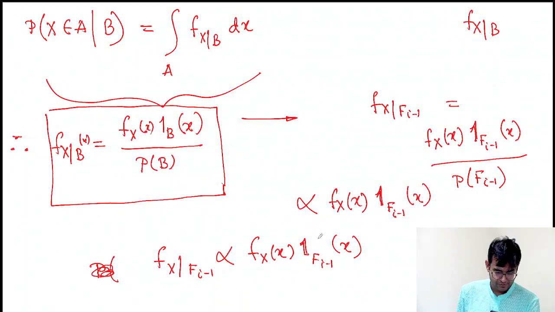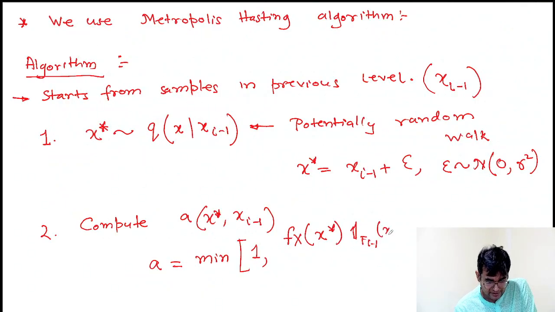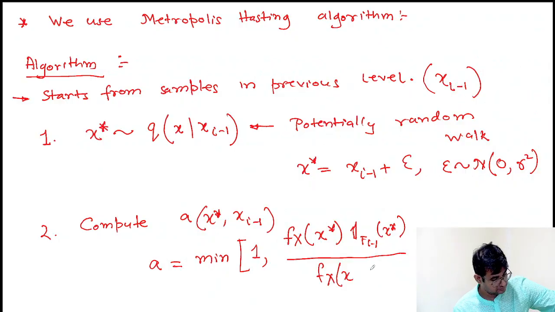No, the right hand side. I want to sample from F I minus 1. So F I minus 1 evaluated at the proposal X star, divided by F I minus 1 at the previous sample, X I minus 1.